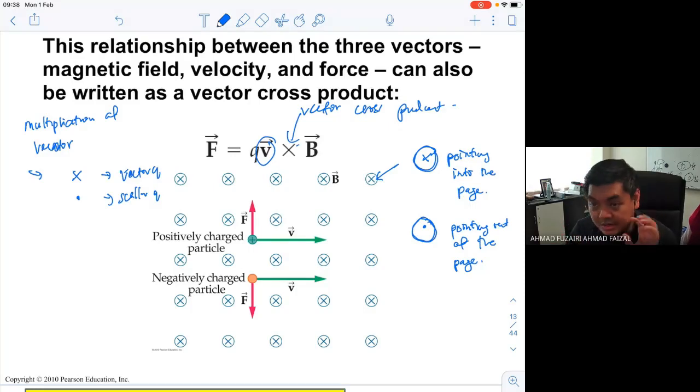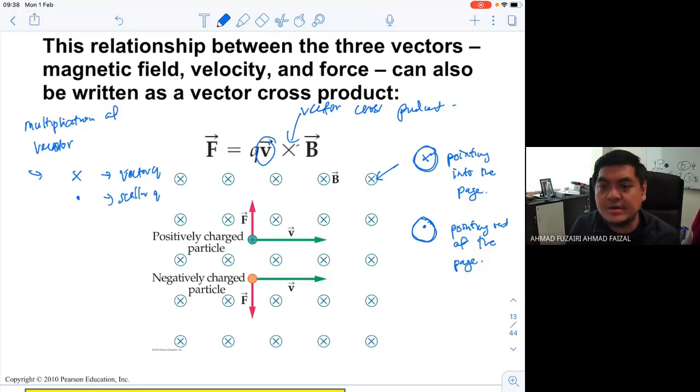For the positive charge, what I taught you just now is the right hand rule. You should use the right hand rule. For those who have been confused about whether to use the left or right hand, try to forget about left hand Fleming. Just use the right hand. Take up your right hand.